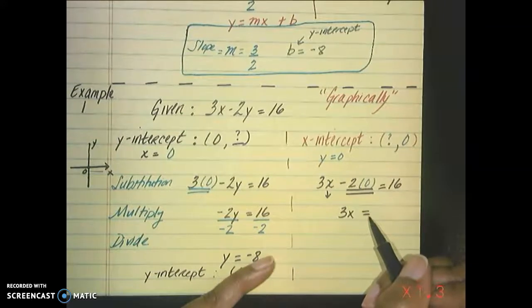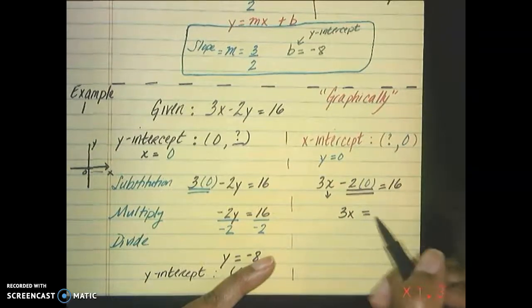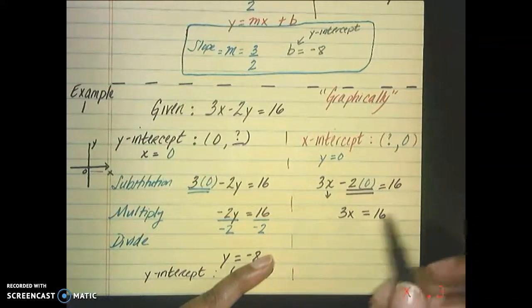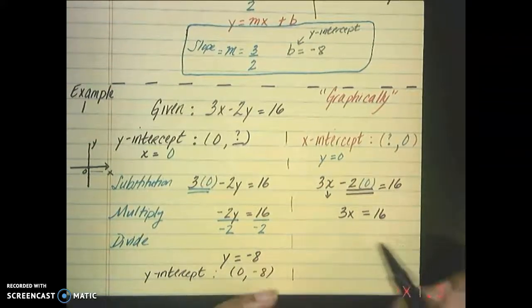Did I do that right? What am I thinking? 3x equals 16. Oh Lord, I had a brain fart right there.